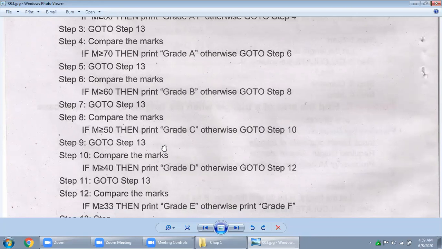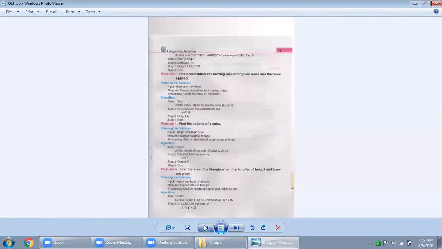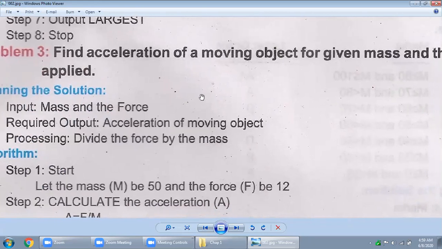Oh, assignment and homework is missing. Now I am going to give you an assignment which is not present in chapter number 1. Very easily, if you understand this topic, you can do it. The question is: write an algorithm and make a flowchart for the addition of two numbers.